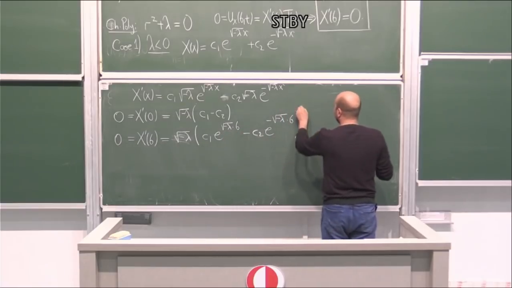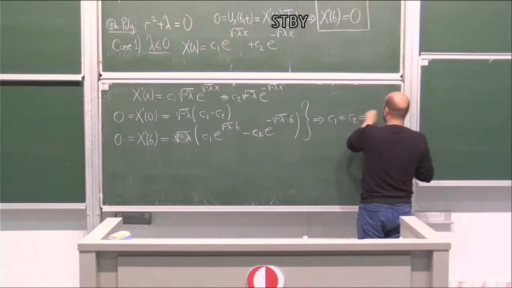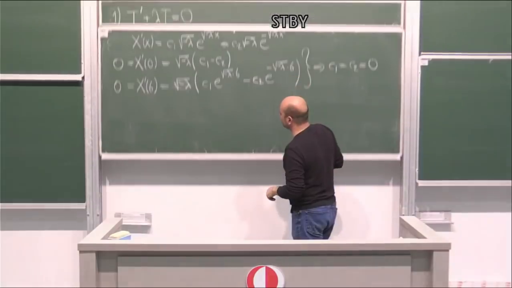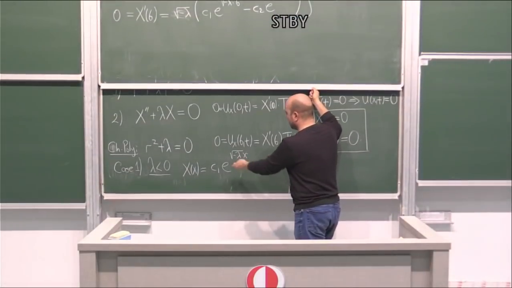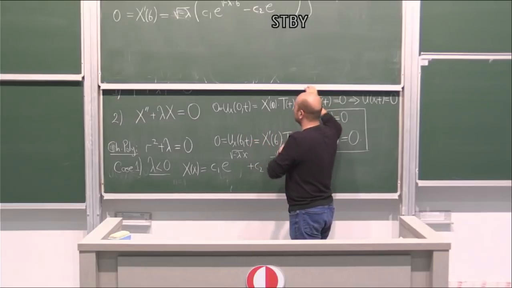That's the only way you will get this. So C1 and C2 are both 0, which says that in case 1, we have the trivial solution, which is the 0, and so again we don't get something new.